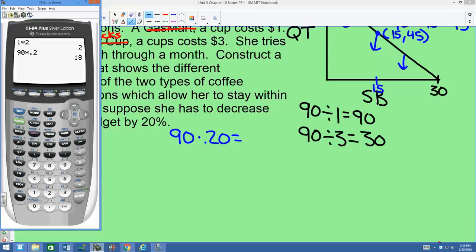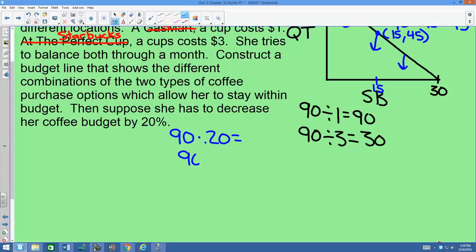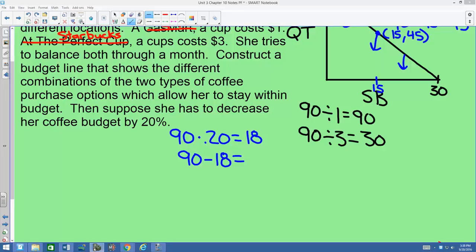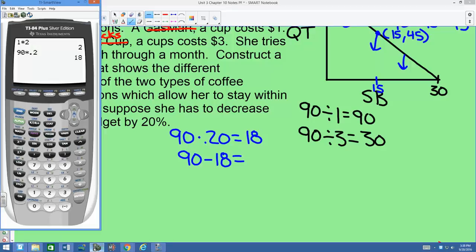Or probably an easier way would have been to multiply by 80%, 100 minus 20. But let's just go ahead and finish it since we did it this way. So 90 minus 18 is 72. And the faster way, we just would have taken 90 multiplied by 80%. Same answer.